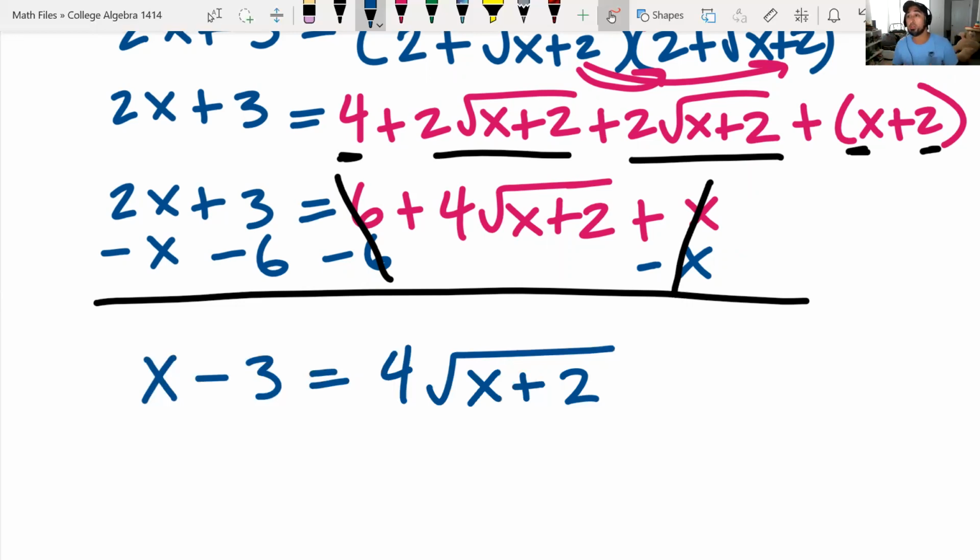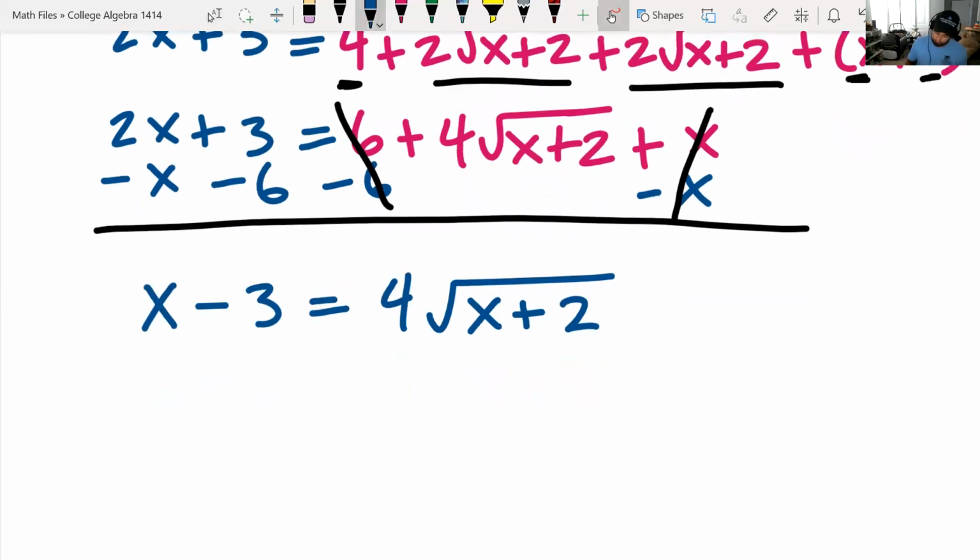So it's a square root. So once again, we will square both sides. I'll color code that. Why not?